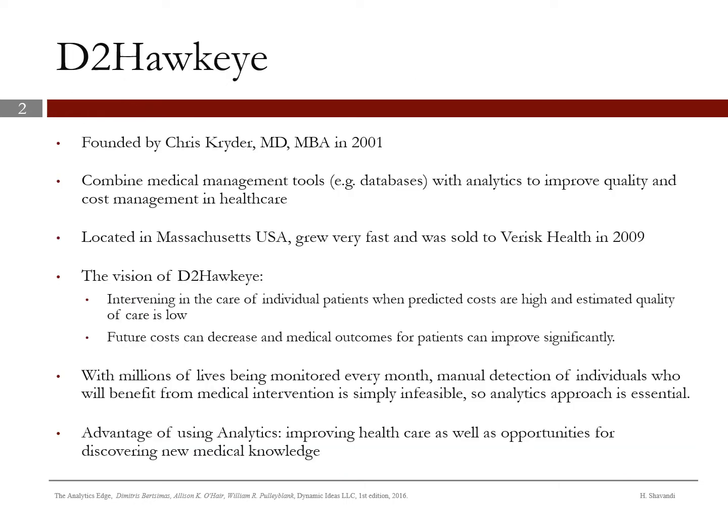Let's have a background on D2 Hawkeye. D2 Hawkeye was founded by Chris Kreider, Doctor of Medicine and MBA, in 2001. The main goal of D2 Hawkeye was combining the medical management tools, like databases that we have in the healthcare systems, with analytics to improve the quality and the cost management in healthcare.